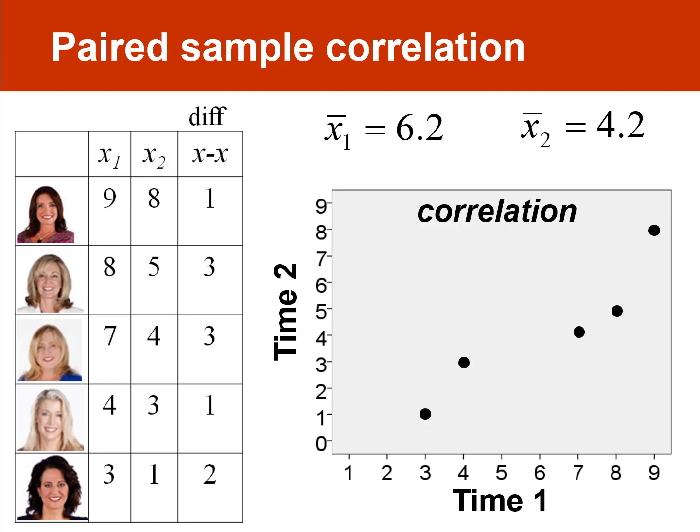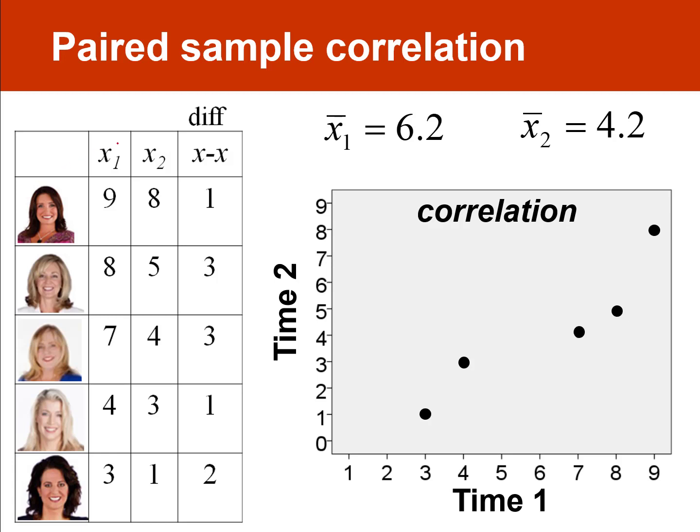Now, whenever you're doing a paired samples analysis, you're working with a very unique type of data set. Because recall that I said that to do a paired samples analysis, you need to have a sample of cases, and you need to have 2 scores from every case on the same variable.